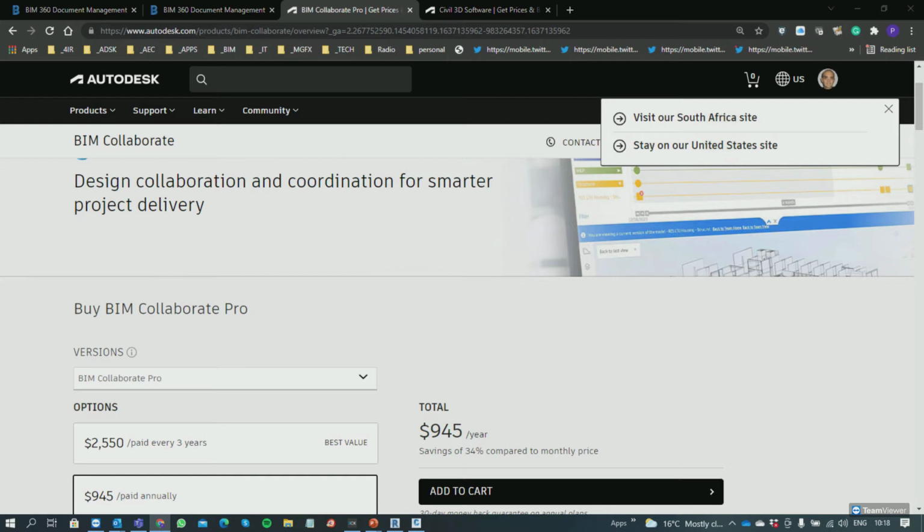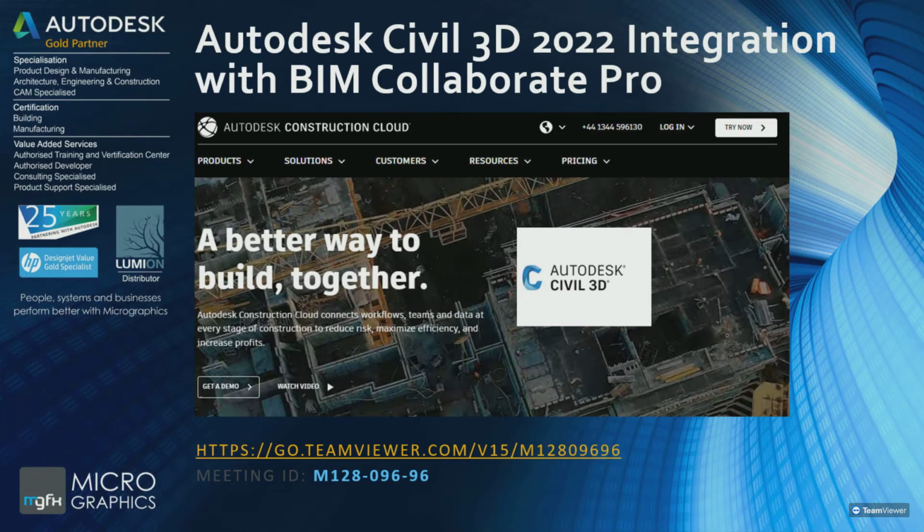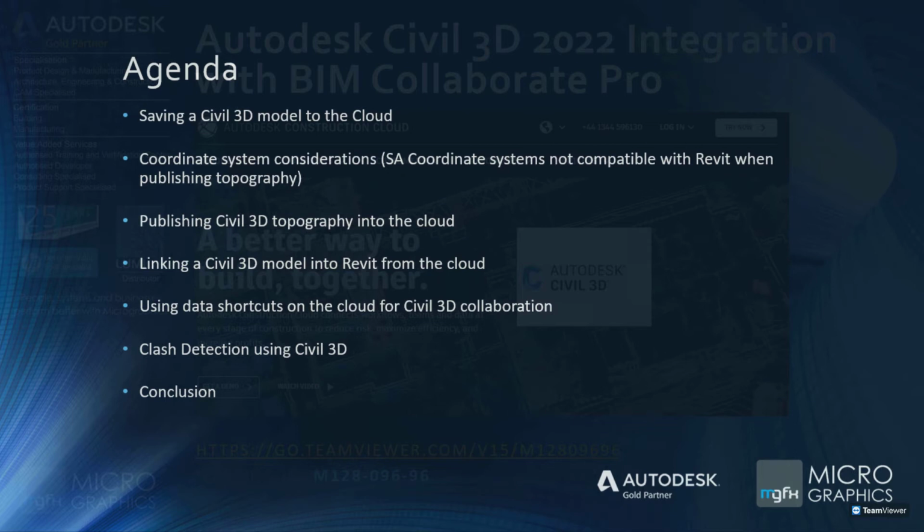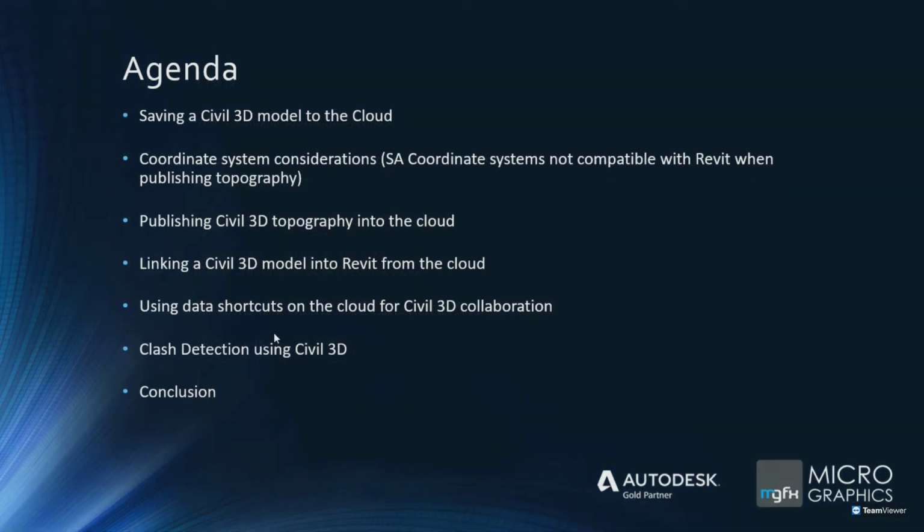So looking at our itinerary today, we are looking at how do we go about saving a Civil 3D model onto the cloud. What we should think about when we choose a coordinate system, especially for South Africa, other places that might also be of interest to those of us operating from within South Africa would be Yemen.